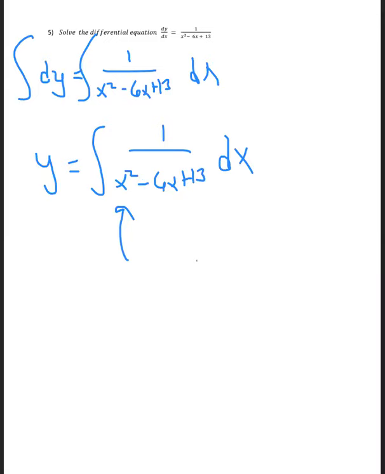So the goal of this method called completing the square is to fix it up so that we're left with something squared and then an a squared.